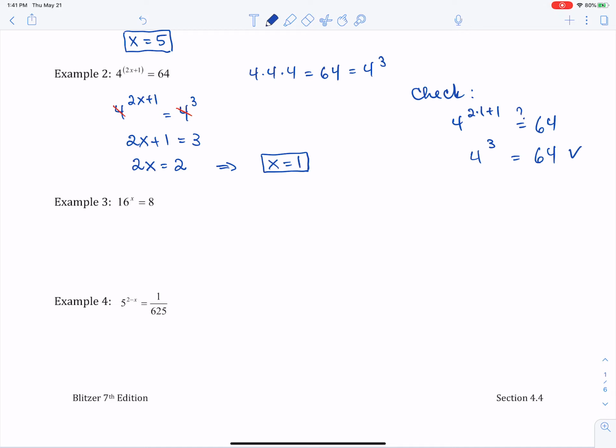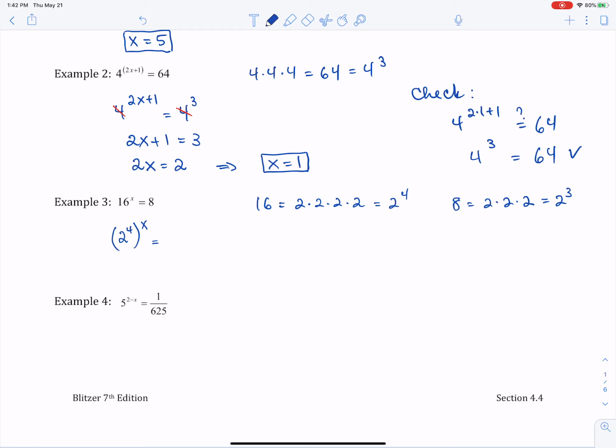Now for question 3, it's a little bit challenging because 16 to the power of nothing is 8. However, we know that 16 is equal to 2 times 2 times 2 times 2, which is 2 to the 4th, and 8 is equal to 2 times 2 times 2, which is 2 to the 3rd. So as long as we create the same base on both sides, we should be good to go. So 16 is 2 to the 4th, and this needs to be raised to x.